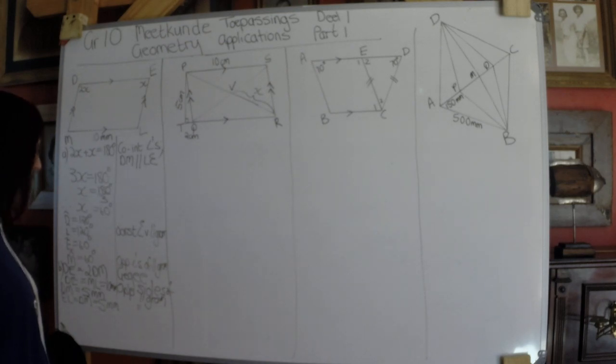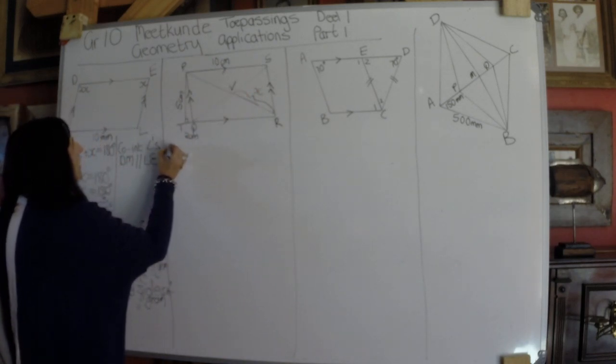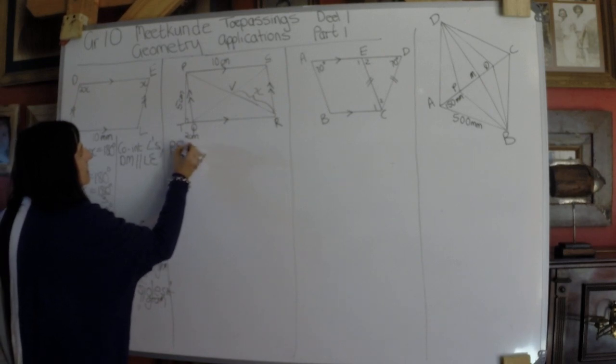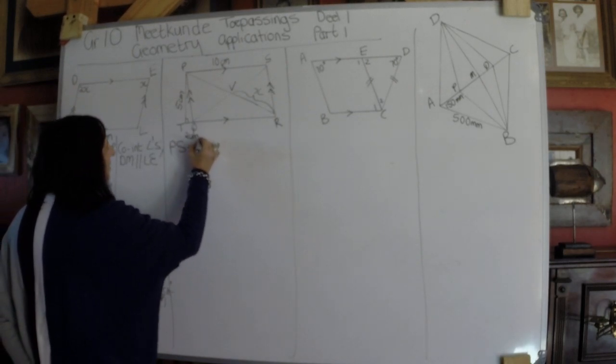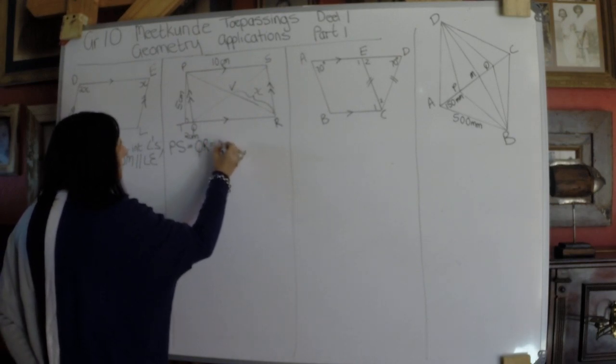So let's start. Let's look at PS. We know that PS equals QR, and that equals 10 centimeters.